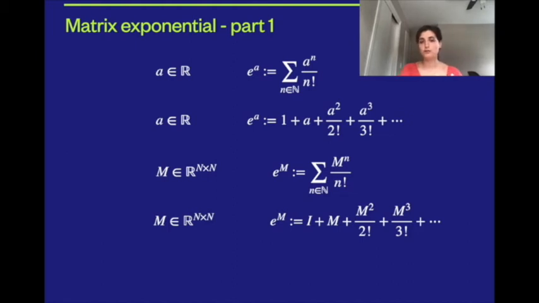We'll formally also define M to the power 0 to be I, the identity matrix, the matrix with only ones in the diagonal and nothing else. And we're going to formally define the exponential of the matrix M as this infinite sum of M to the power n divided by n factorial.